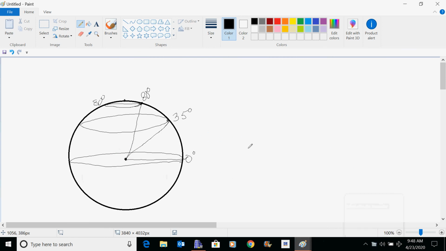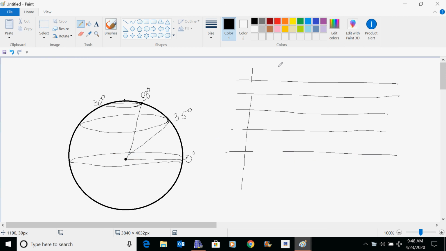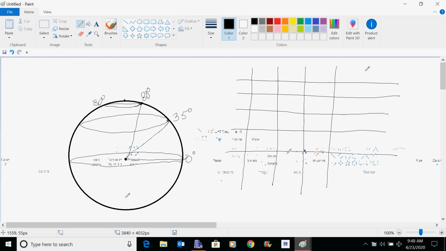So we're going to continue this so that if you had it flattened out on a flat map, we've got our latitude lines going this way, and our longitude lines going this way. Let's say we have our 0 degrees here. That would make this north up here, and this would be south. Let's say this is our prime meridian, 0 degrees.